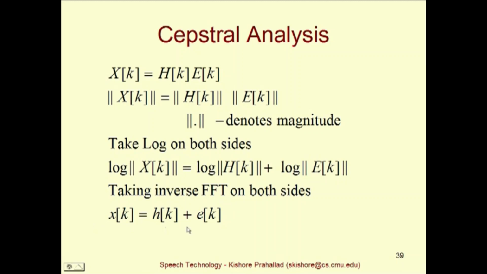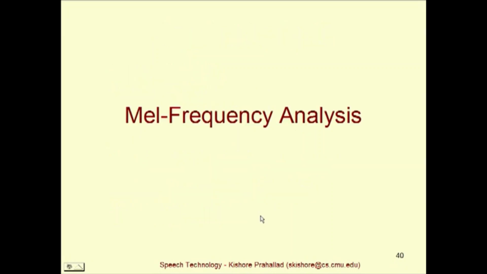Once you get this signal, take the low frequency components, that would give you h of k. So cepstral analysis can be applied to any spectrum to get the spectral envelope.